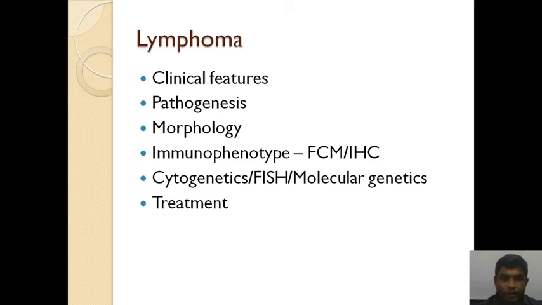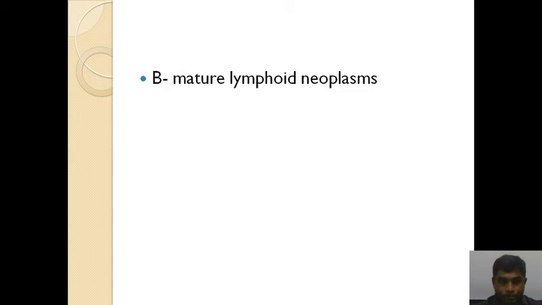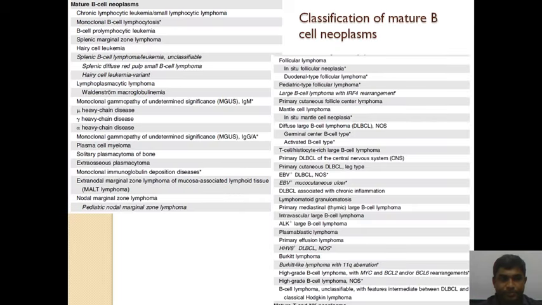We will also look at the immunotyping of these cells, which can be done by either flow cytometry or immunohistochemistry, and additional investigations including cytogenetics, FISH, and molecular genetic studies are necessary, both for the diagnosis as well as the prognosis of this group of disorders. We'll briefly touch upon the broad principles of treatment in the end. Starting with the B mature lymphoid neoplasms.